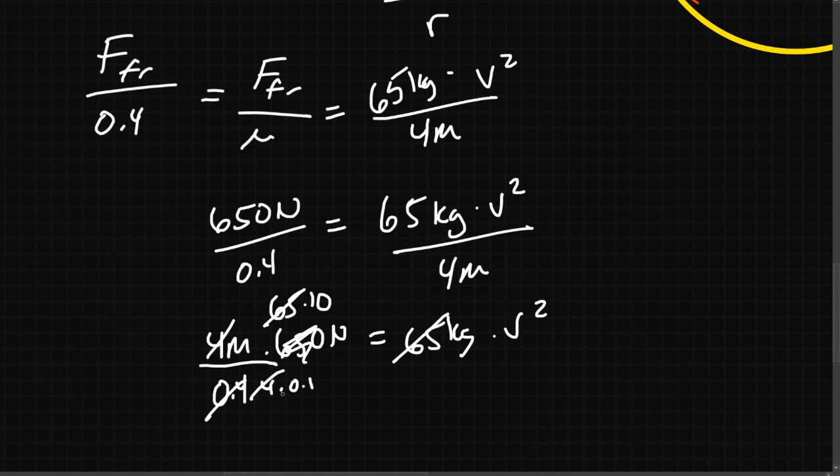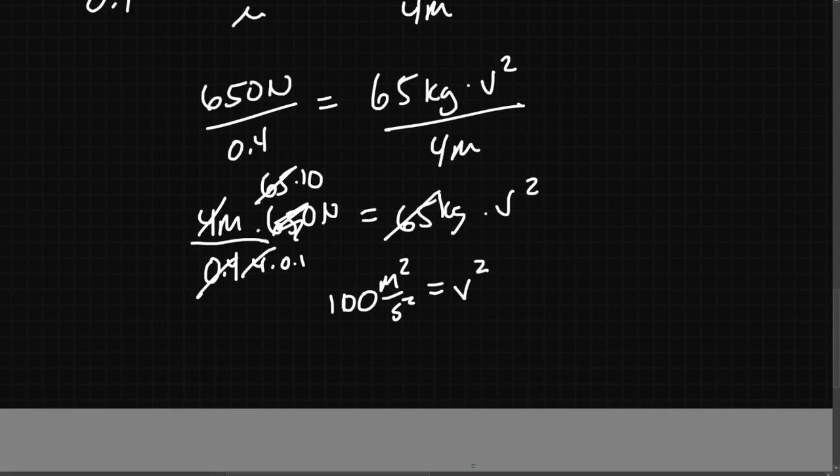The 4 balances out, so we just have over 0.1. So we end up with 10 over 0.1. How many times does 0.1 go into 10? 100. So 100 newtons. Oh, actually, we've canceled out a bunch of units: 100 meters squared per second squared. That's what the units will all work out to over here. It's going to be equal to our velocity squared.